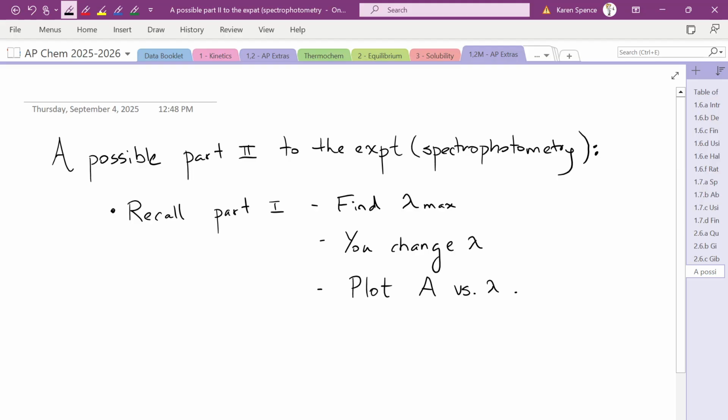Let's say we've got our purple substance and we have discovered its lambda max. Does anyone want to choose a value for our purple substance, like what color light would we be looking at?